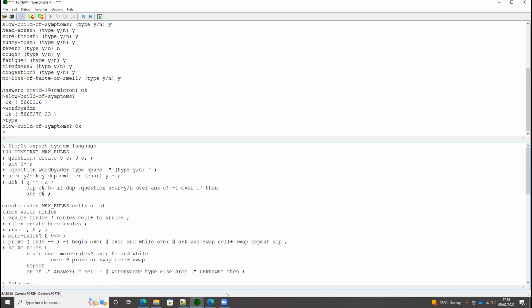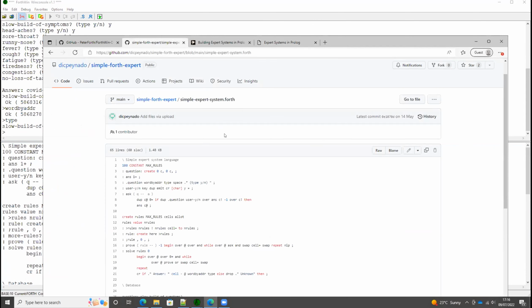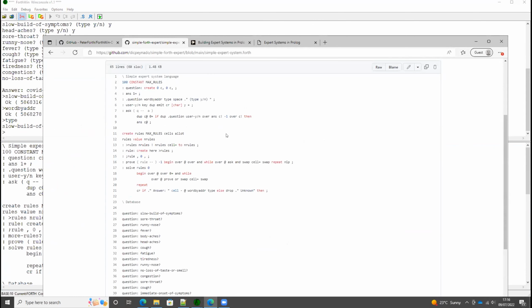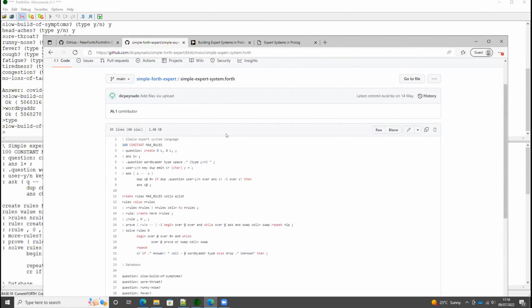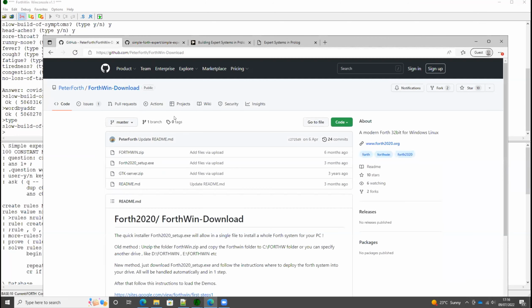It is on GitHub. Here it is. So I will give you the link to this for anyone who's interested. If you are concerned about running it, you just want to run it, again, if you just search for Forth2020, you can now have this Forth2020 setup script.